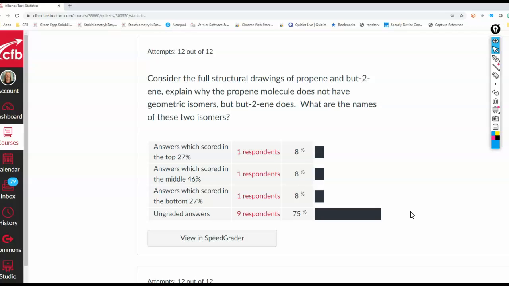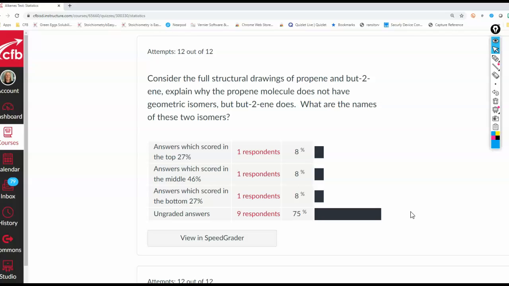The reason why propene does not have a geometric isomer is because propene has a double bond between carbon 1 and carbon 2, and that means carbon 1 has two hydrogens on it, and for there to be geometrical isomers, each carbon must have a different set of substituent groups on it. So with there being two hydrogens on carbon number 1, it can't make a geometrical isomer because the two hydrogens would just have no difference between them.